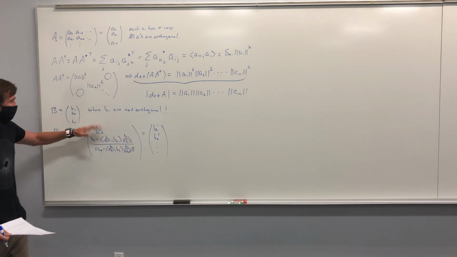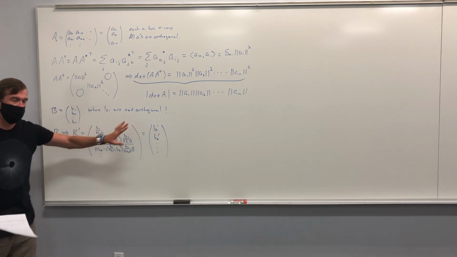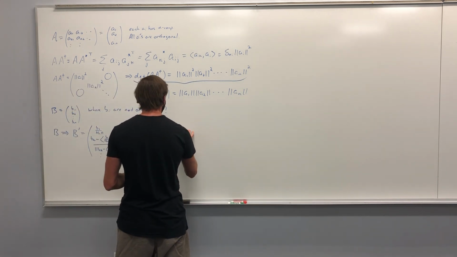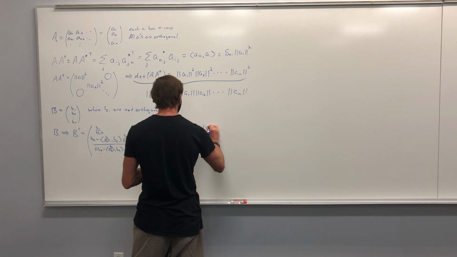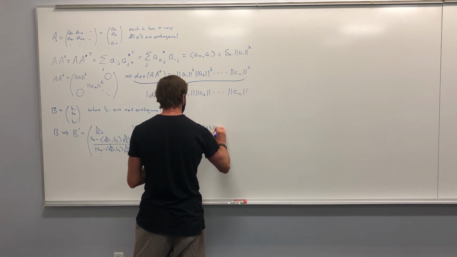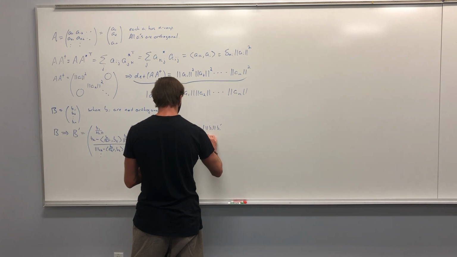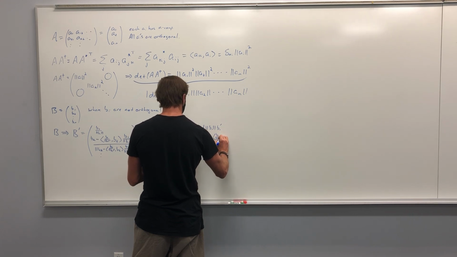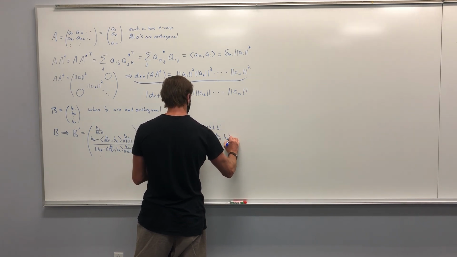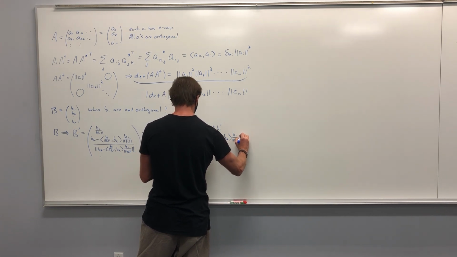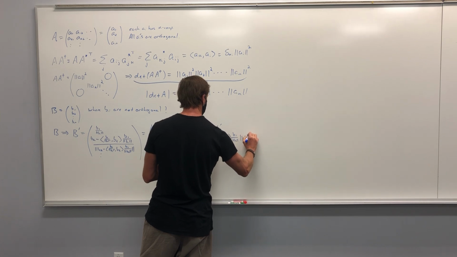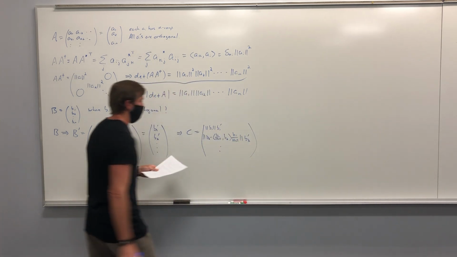The elements of this are B1 prime, B2 prime. And then I can define a matrix C, which is composed of the magnitudes of each of these vectors times the vectors. Okay?